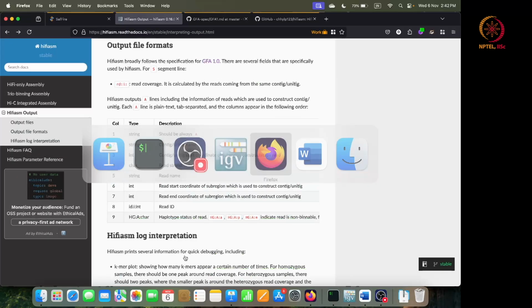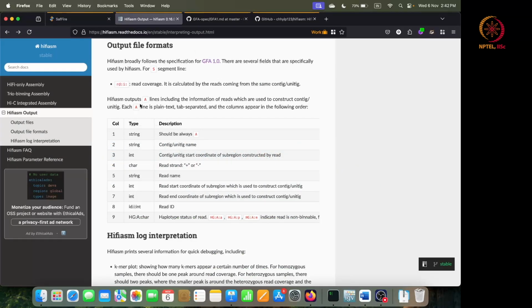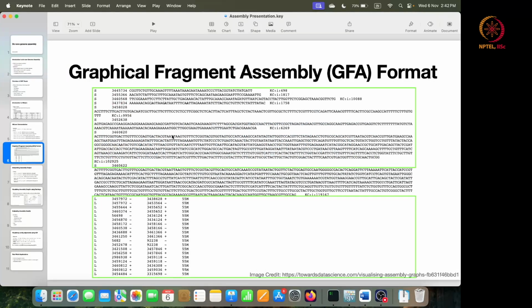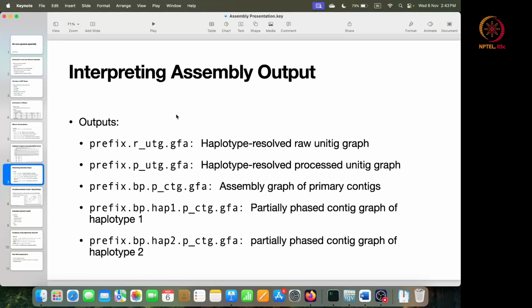Hi-Fi ASM will also store near each segment a line which starts with A, which contains information about the different reads which are used to create that particular contig or unitig. So now that we have all of these graphs, let us see how we can visualize them.